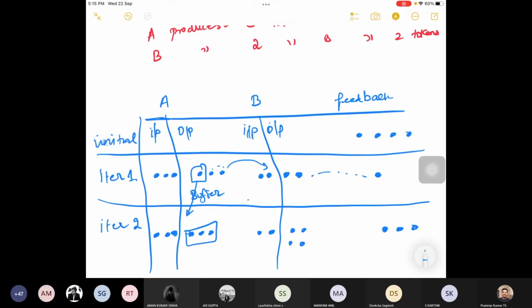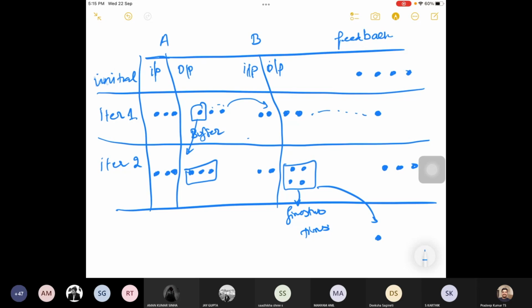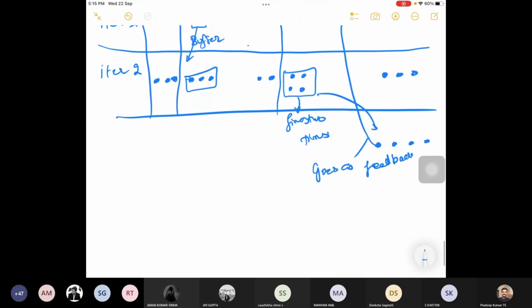So 1 plus 3 is 4. B fires 2 times, then it goes to the feedback as 4 tokens. So we have 4 things going as feedback.